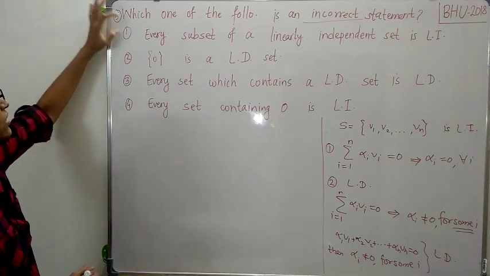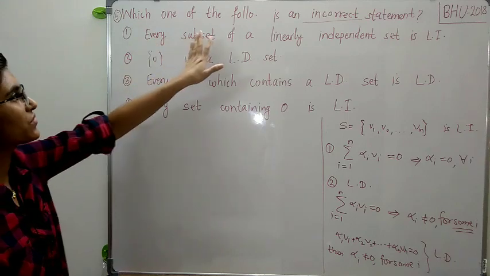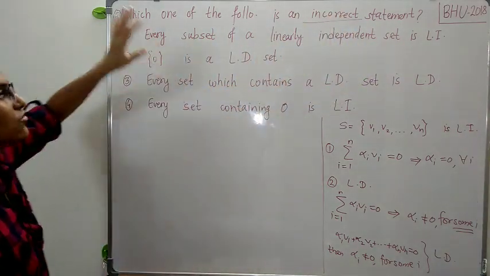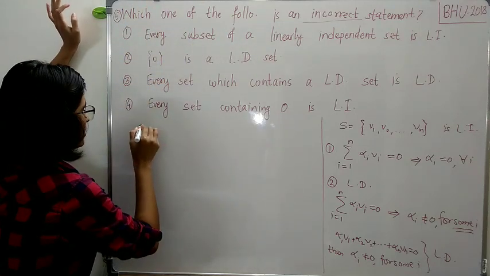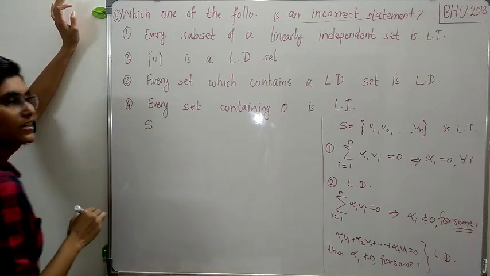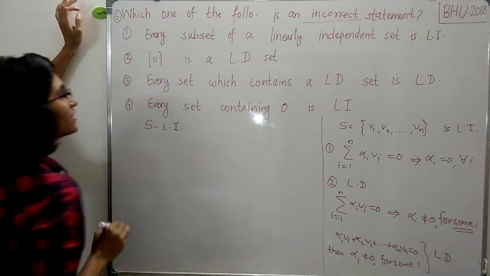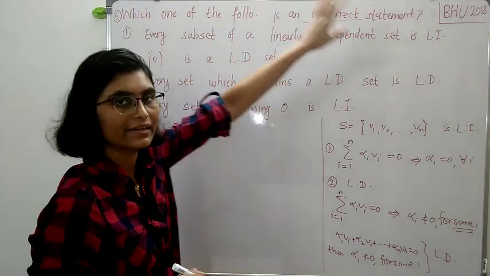So let us look at this first option. Every subset of a linearly independent set is linearly independent. So take S to be a linearly independent set, and this statement says that every subset of this set is linearly independent.